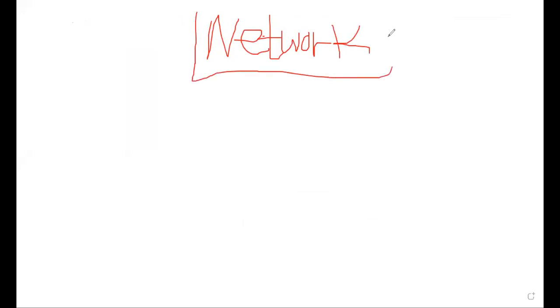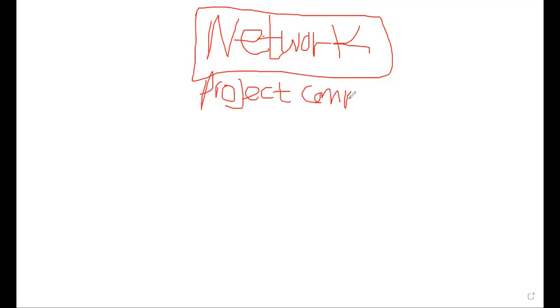Under network diagram, we are looking at finding the project completion time, and then also look at the critical path.